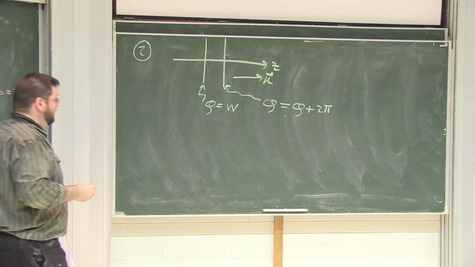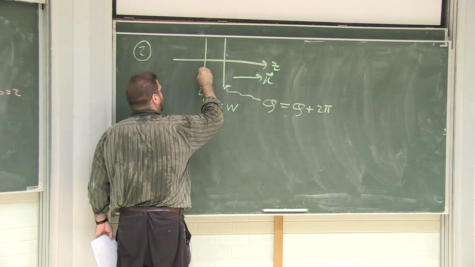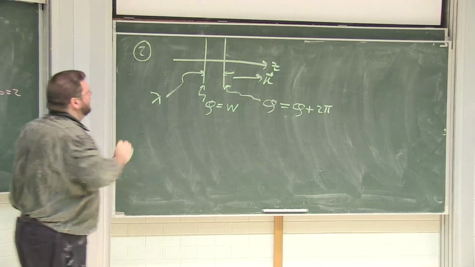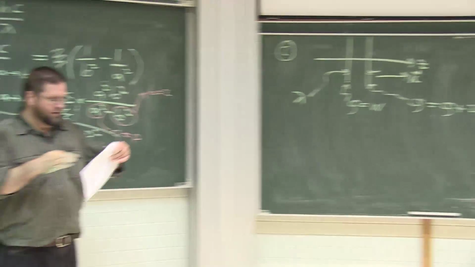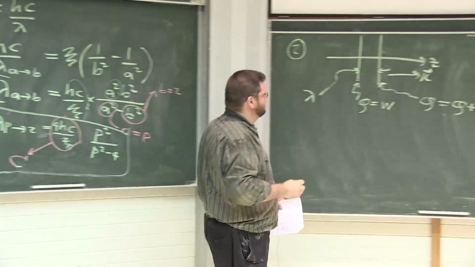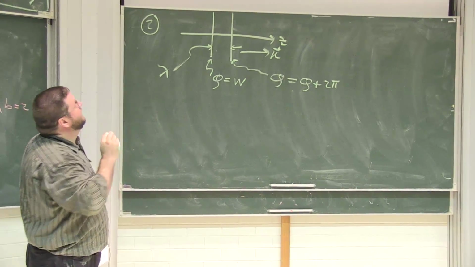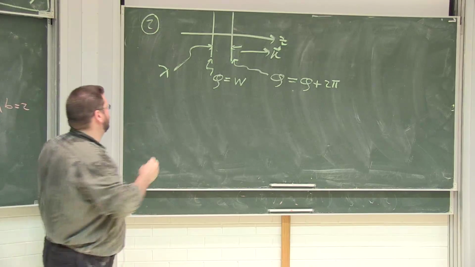So the question is to prove that the spacing between these wavefronts is indeed lambda, the de Broglie wavelength, as claimed. All right, let's go back to the phase equals kz minus omega t.